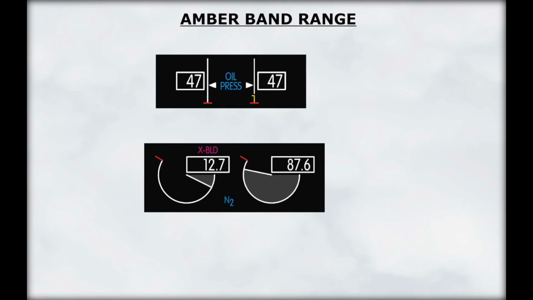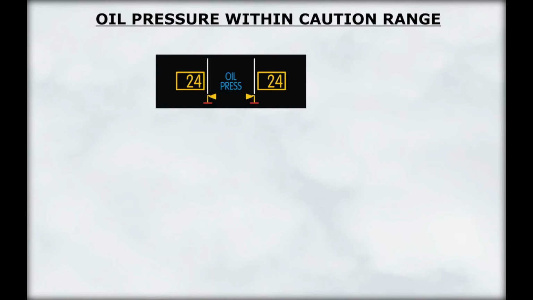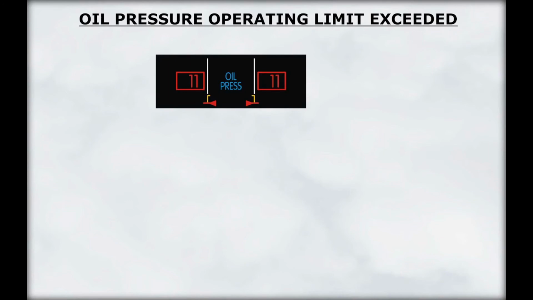This band is not displayed when N2 RPM is below 65%. If the oil pressure enters the caution range, the digital readout and the scale will turn amber. They will turn red if the operating limit is exceeded.